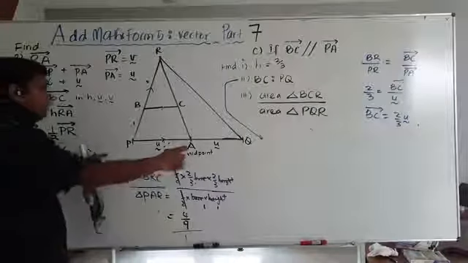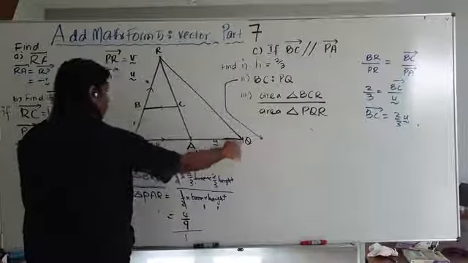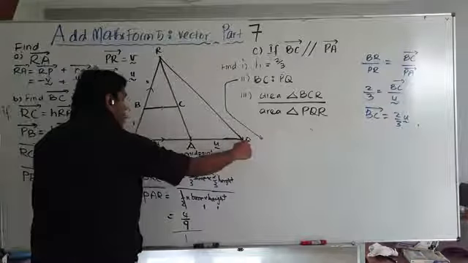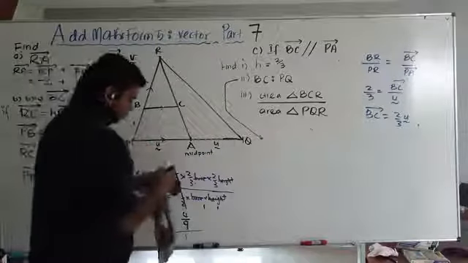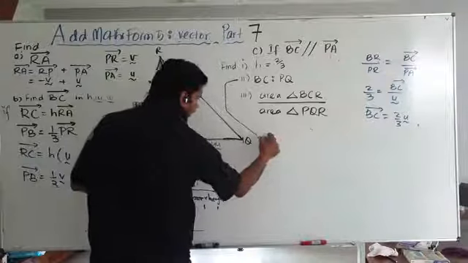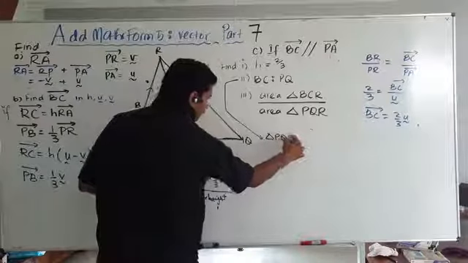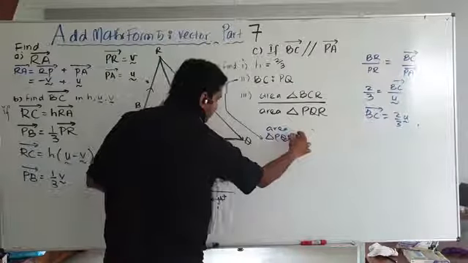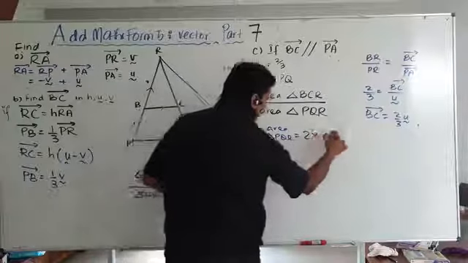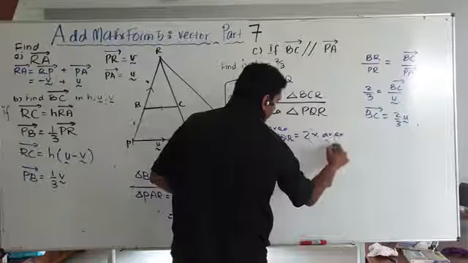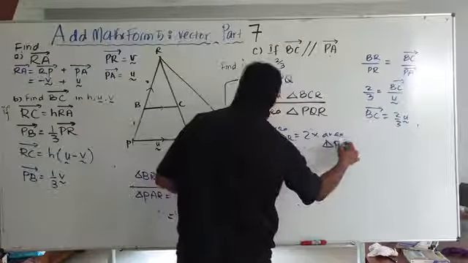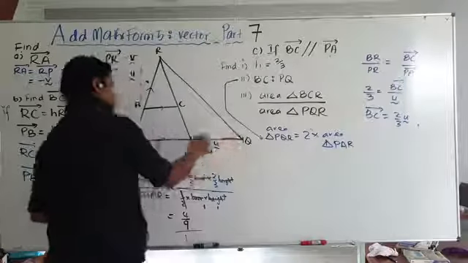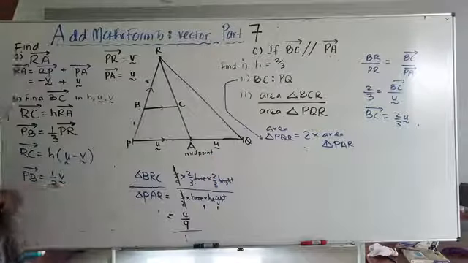So since the base is double, therefore you must say the area of PQR is 2 times the area of triangle PAR, because the length of the base has doubled.